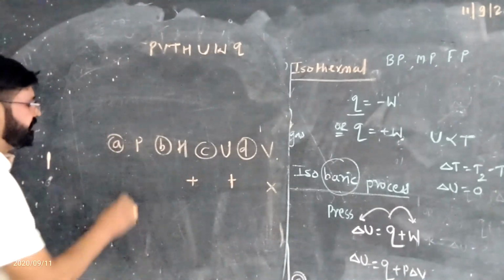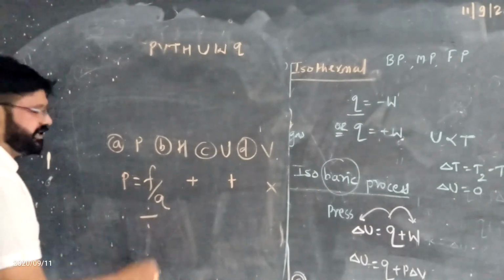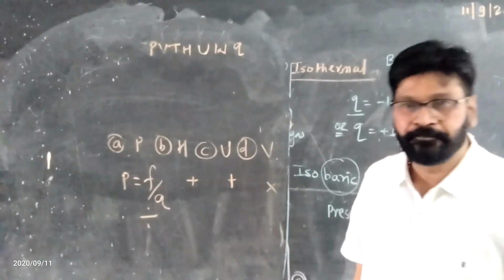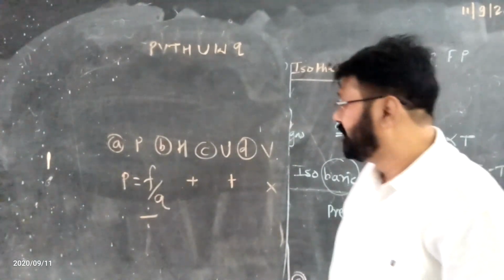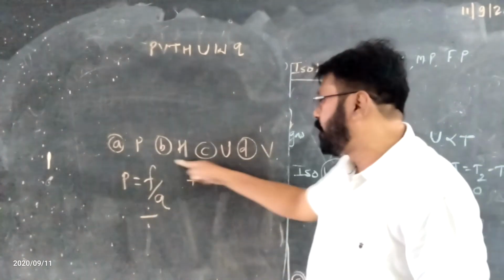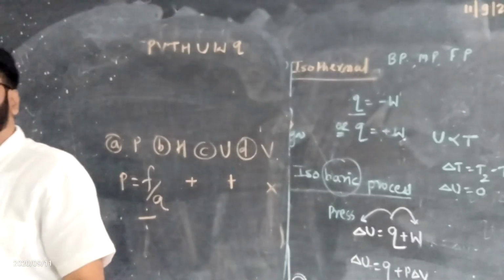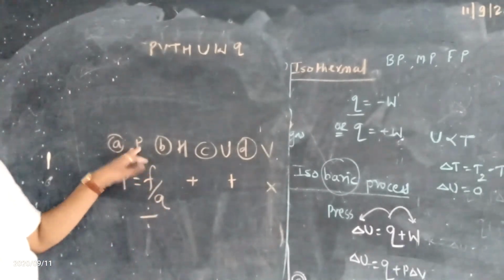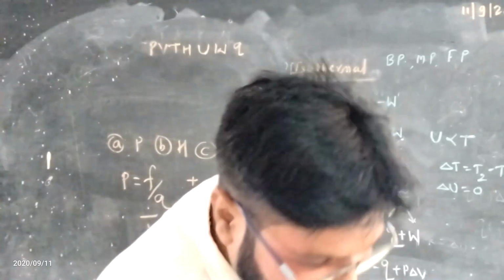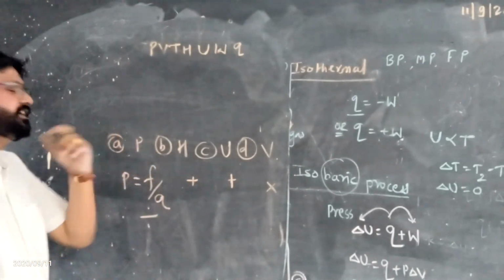Only pressure is equal to force per unit area, that is a division sign is used, therefore it acts as an intensive property. A question may arise, out of these four properties, which is not an extensive property? That is pressure. The second question may arise, which of the following is an intensive property? That is pressure.